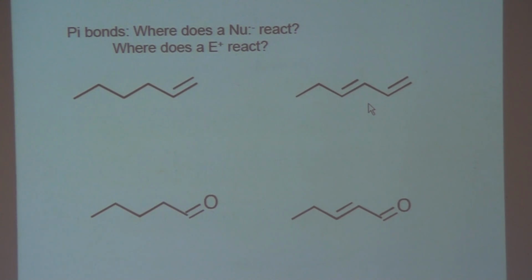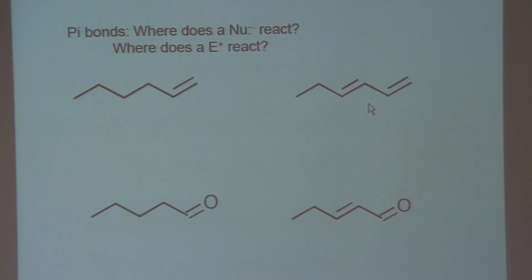Yeah, if you draw a resonance structure like this, the resonance structure looks like this, with pi electrons on the last carbon. Now remember, there's two H's here, so I'm going to put the H's in too.